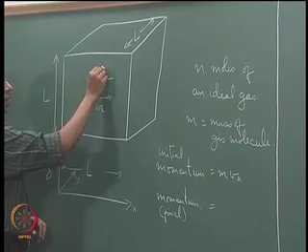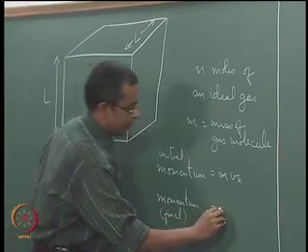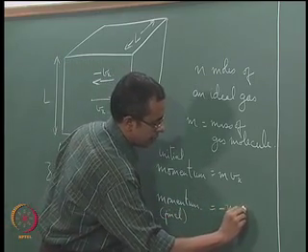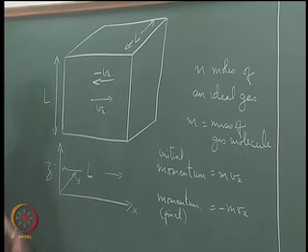So we will just call its velocity minus Vx. So momentum is now minus mvx. Okay. So final momentum is this.